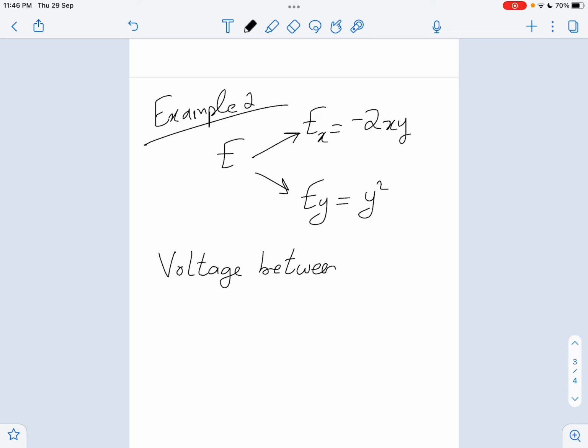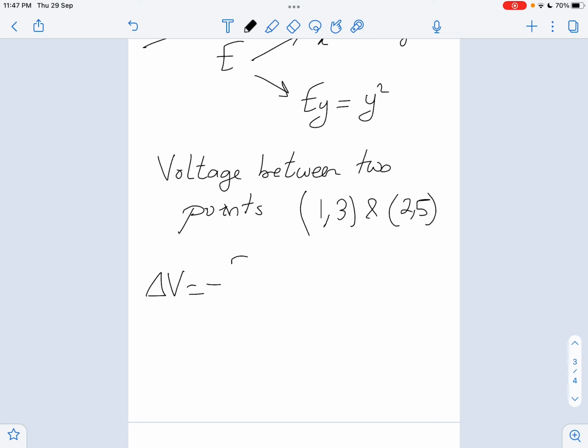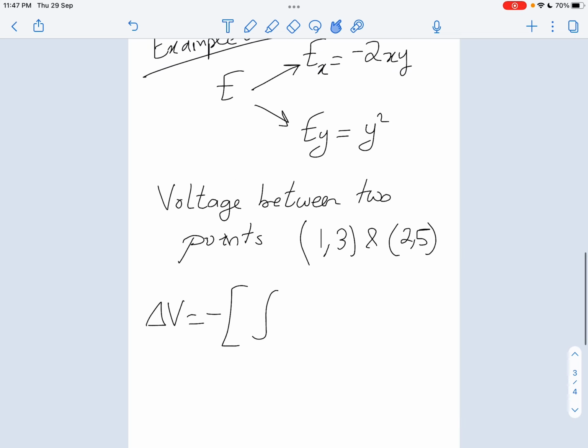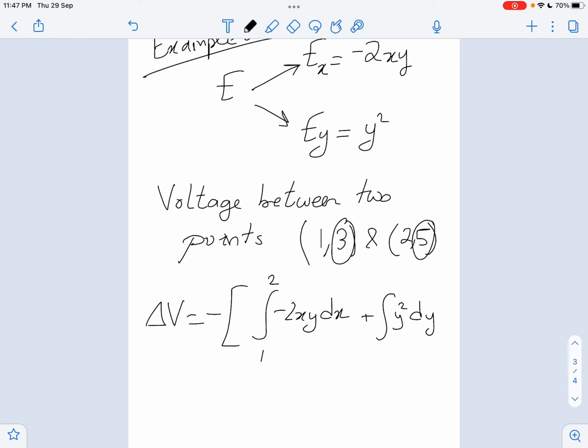So delta V is minus the integral of Ex dx. What is Ex dx? Minus 2xy dx. And x is from where till where? From 1 till 2. Plus the integral of Ey dy, which is y squared dy. And this y is from 3 to 5.